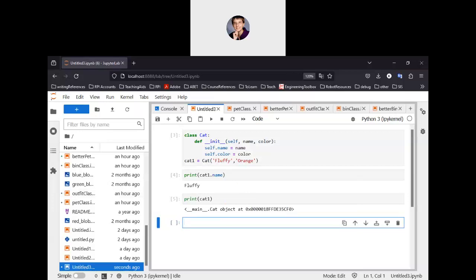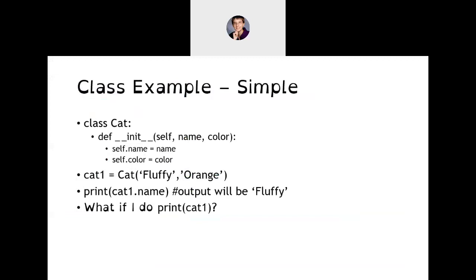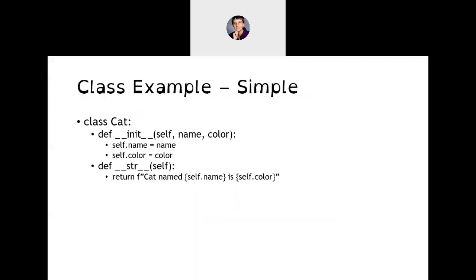So what we can do is use another dunder method, __str__. What this is going to do is tell the program that if I try to convert this into a string, here's what it should look like.